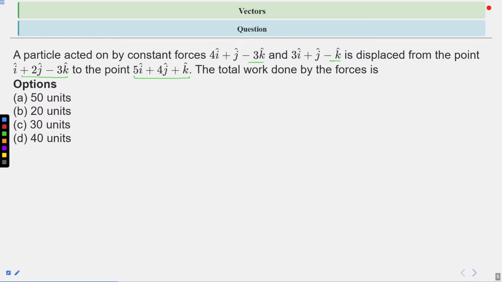The total work done by the forces is what? Here you have to find the total work done. You already studied work done in previous classes like 9th class. Please solve this question. Given options: option A 50 units, option B 20 units, option C 30 units and option D 40 units.